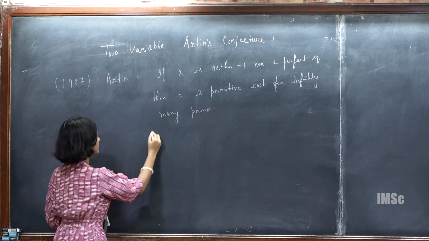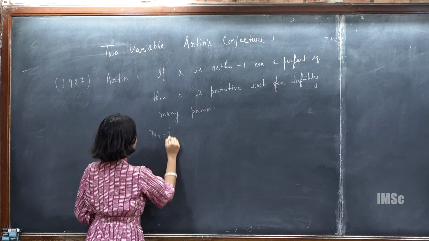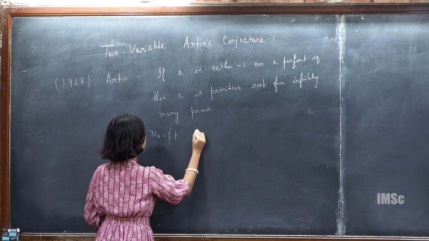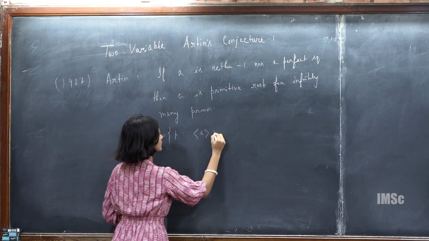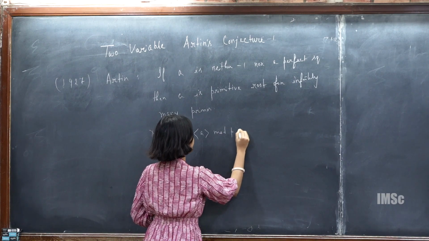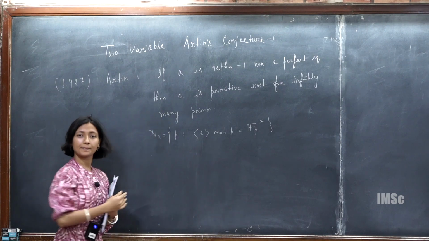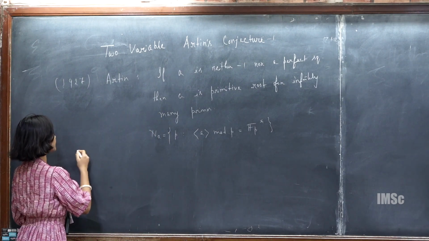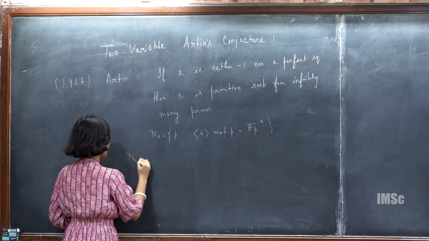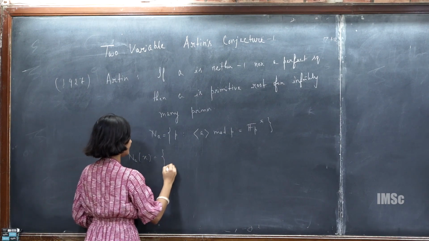So if I define the set Na as P such that A mod P is a P star, then Artin's conjecture says that Na is infinite. Not only that, Artin further conjectured the asymptotic density of the set in the set of all primes.